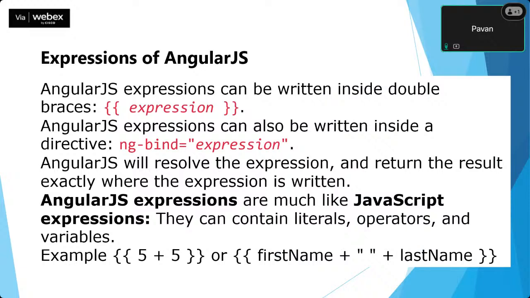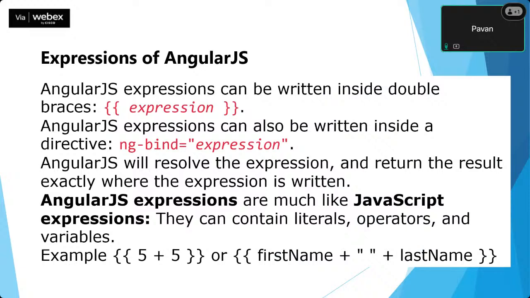Here bind is a directive which we'll get to know in the further sessions, and ng basically means AngularJS, that's all, and it indicates that the next term after the hyphen is a directive.